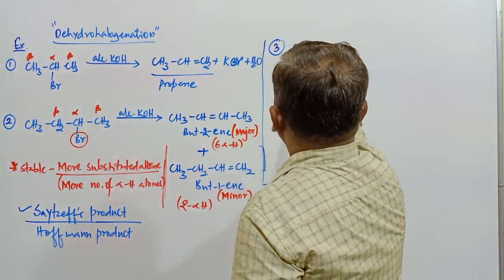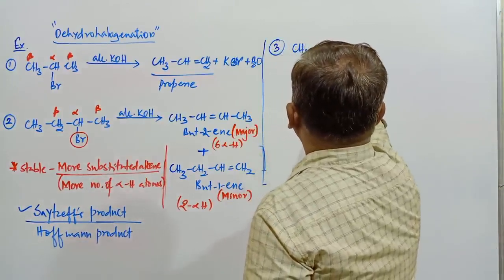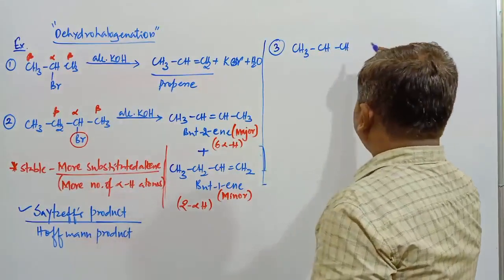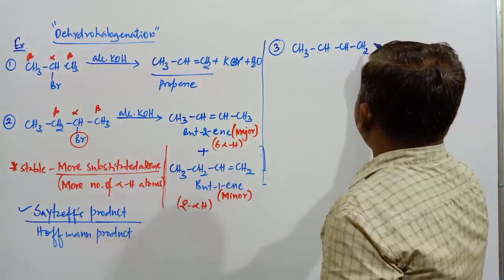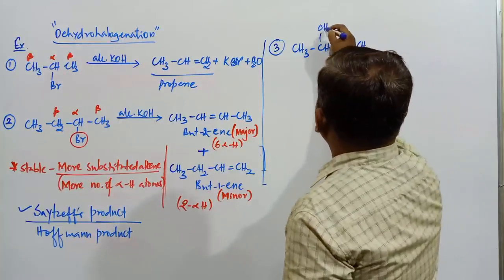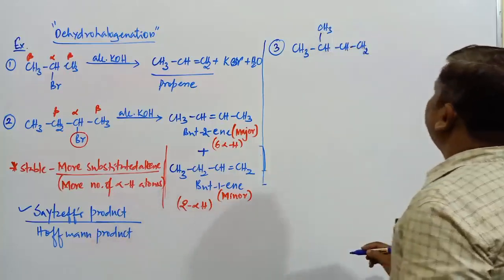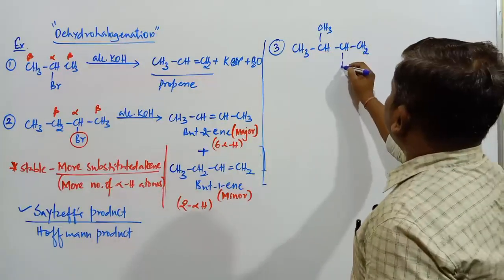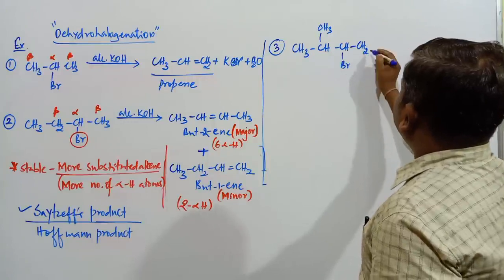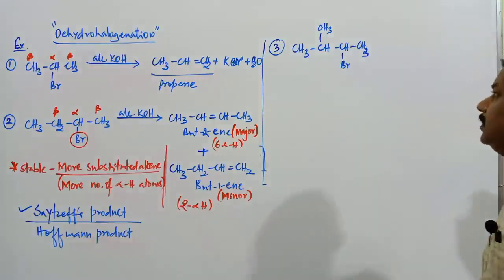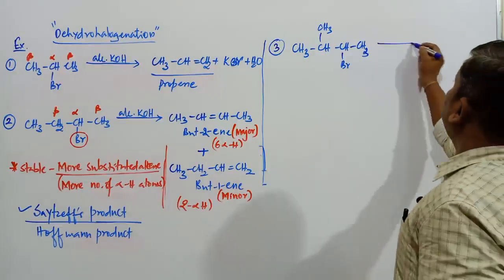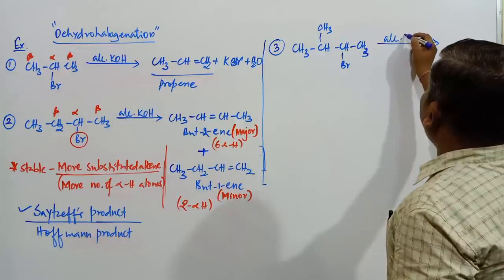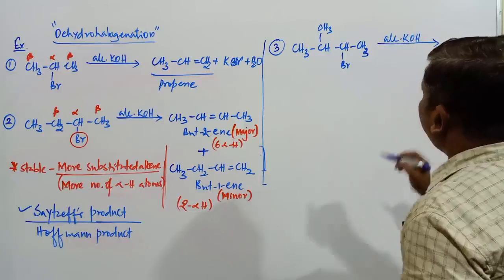Okay, this is CH3, next one CH, next one CH, this is CH2, and here it is CH3, this is Br, and here this one is CH3. Consider this particular compound, when it is treated with alcoholic KOH.